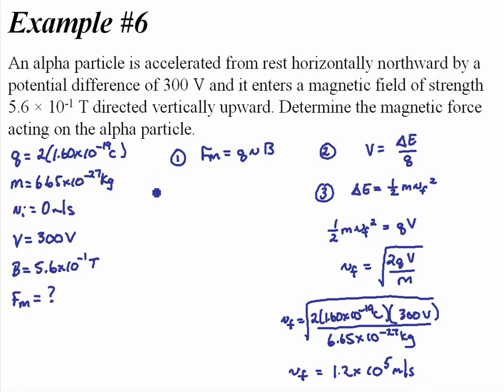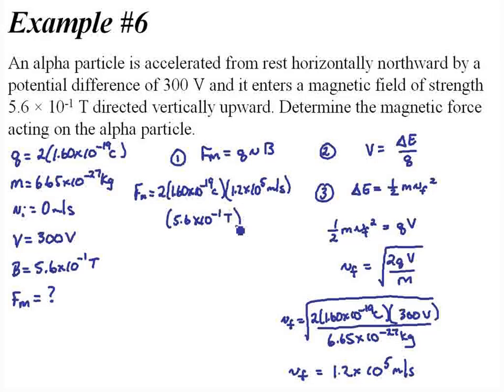Put that into equation 1, so the magnetic force equals 2 times 1.60 times 10 to the negative 19 coulombs times the velocity. I'll keep the actual value on my calculator still. I'm going to have to write this over 2 lines, times 5.6 times 10 to the negative 1 Tesla. So it's 2 times 1.6 times 10 to the negative 19 times my velocity. I still have that on the calculator, so I'll multiply that by 2.